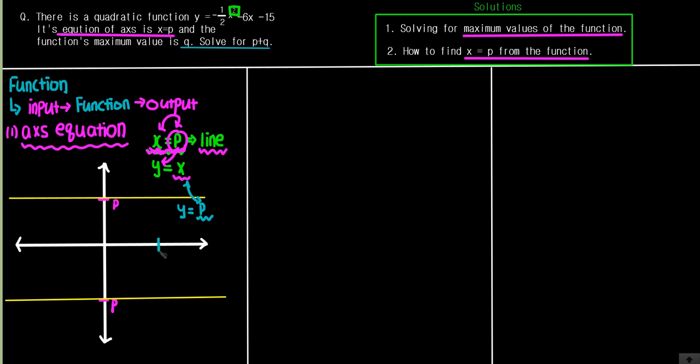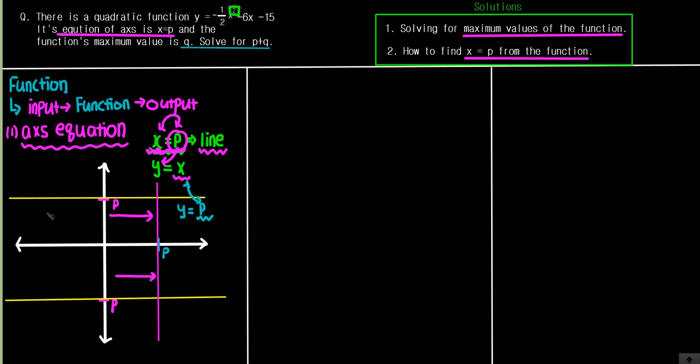If you see that p is right over here, because we don't know the exact value of it, the line will look something like this, passing through our point p. This graph means that even though we input the y values, it will still be a p value.